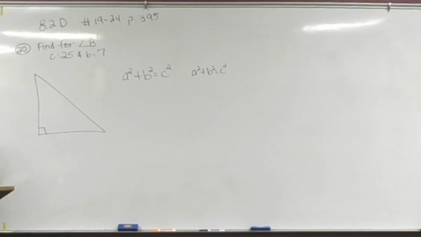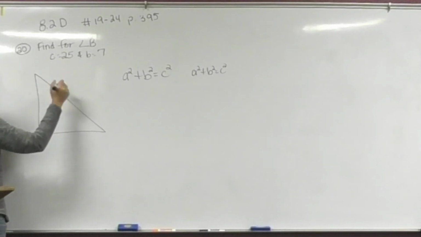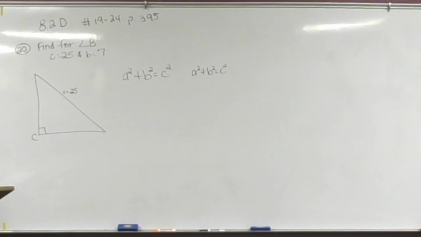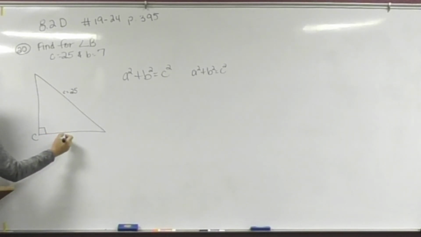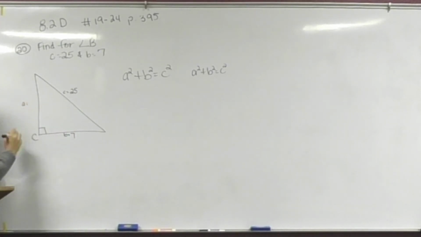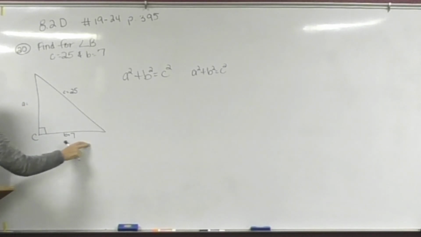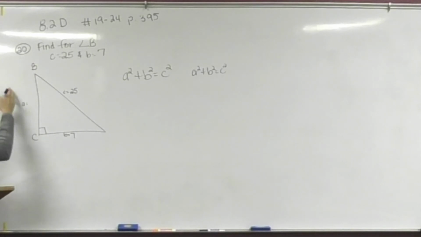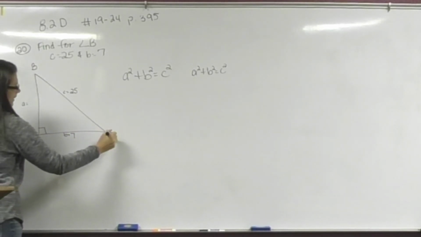There's your right angle. I know that he is C, and I've been given C, so I can plug that in there. And I know that B is 7. I'm going to call this leg B. Doesn't matter. But if I call this leg B, then this has to be angle B. And if I call this side A, then this has to be angle A. Okay?